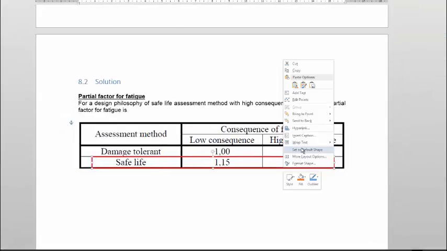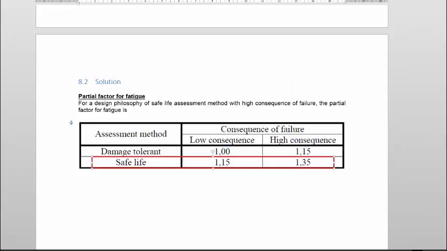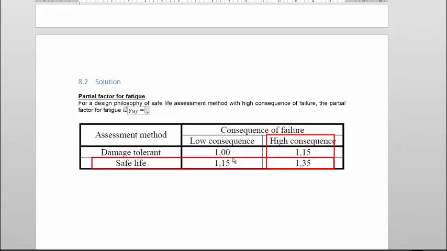So that's our safe life method, and they say high consequence of failure, and you can clearly see from this that gamma MF in this case is equal to 1.35, and we get that from the table below.